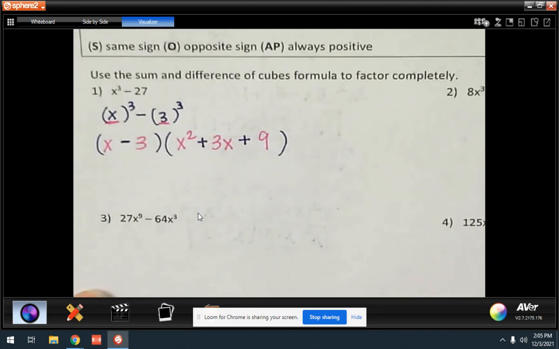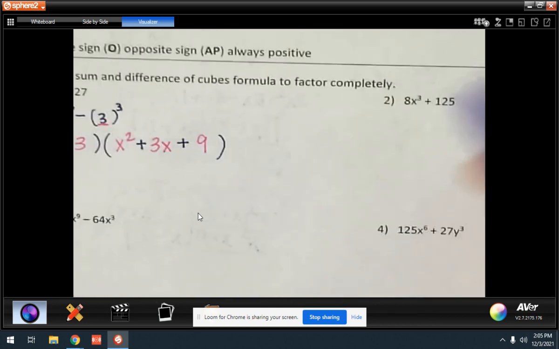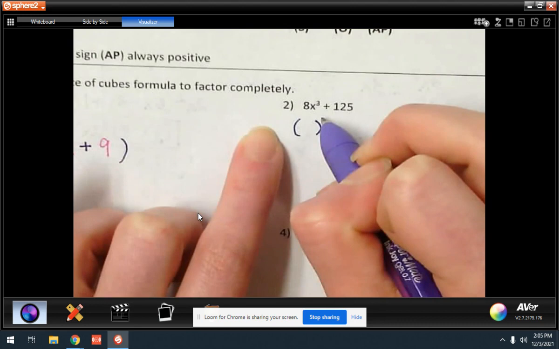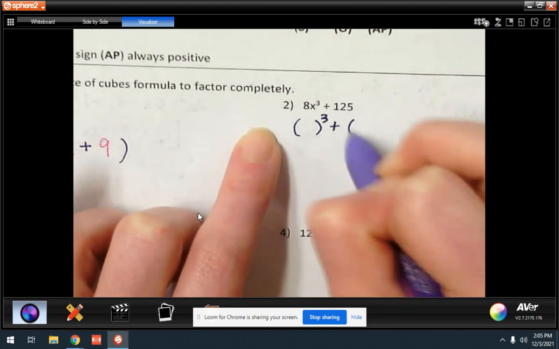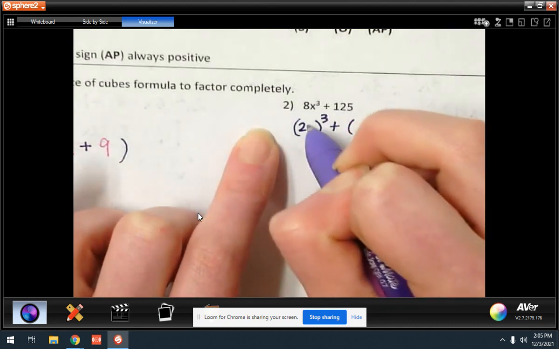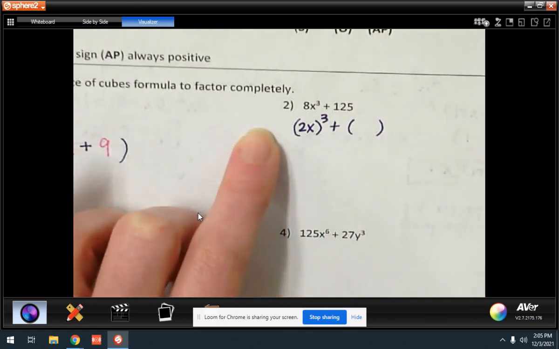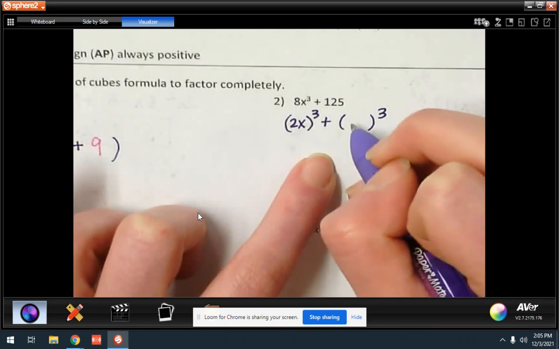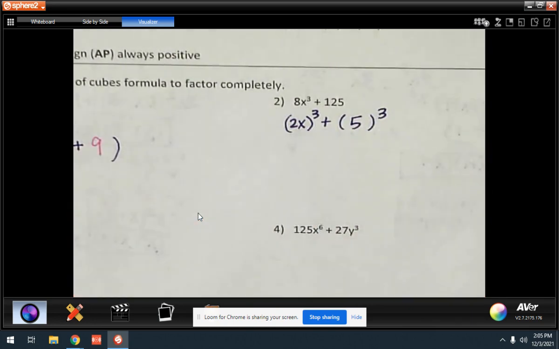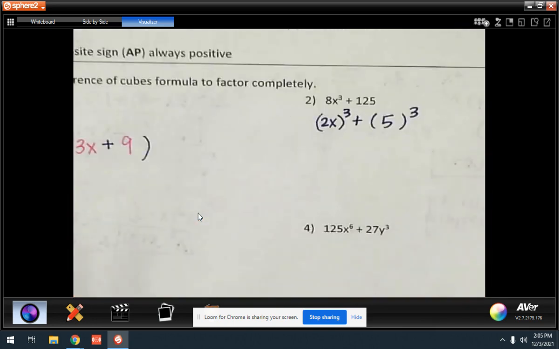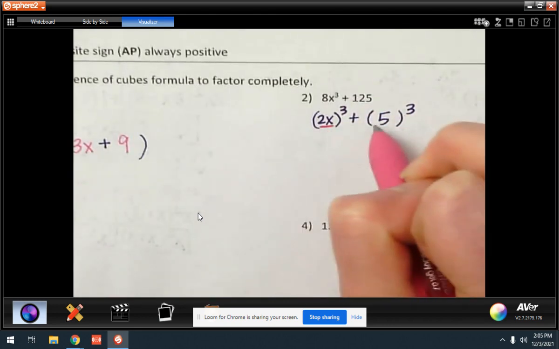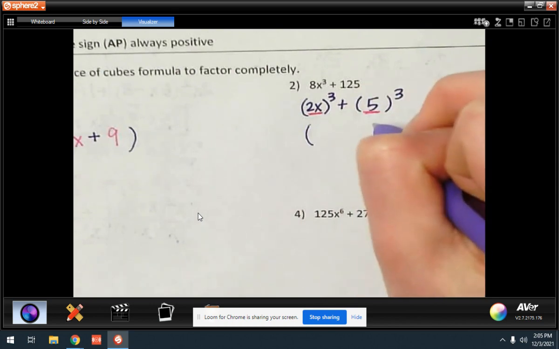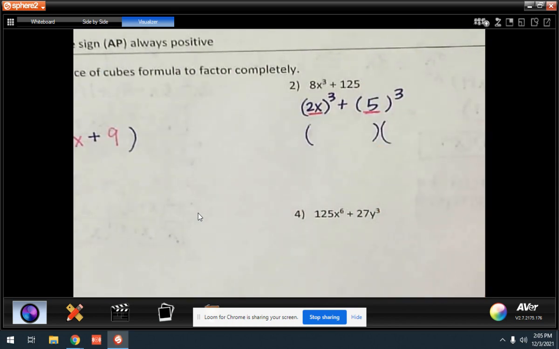So if you know your perfect cubes, these are really nice. Over here, what is the cube root of 8x cubed? There you go, 2x. What is the cube root of 125? Good. So 2x is our A. 5 is our B value. So small set of parentheses, big set for the quadratic.